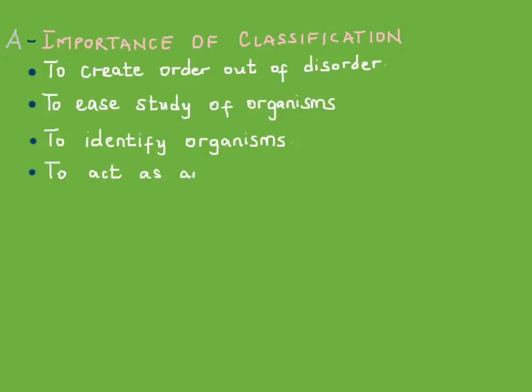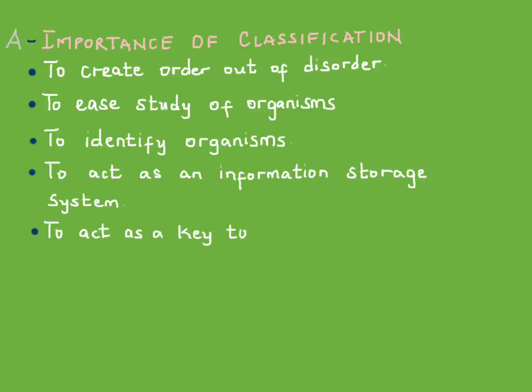It acts as an information storage system to which one can always turn for information concerning the description, identification, and naming of an organism. It also acts as a key to the history of the evolution of organisms from the simplest to the most complex life forms.